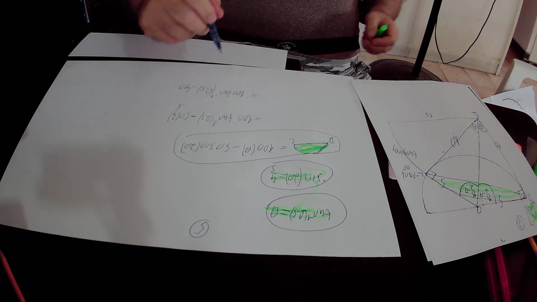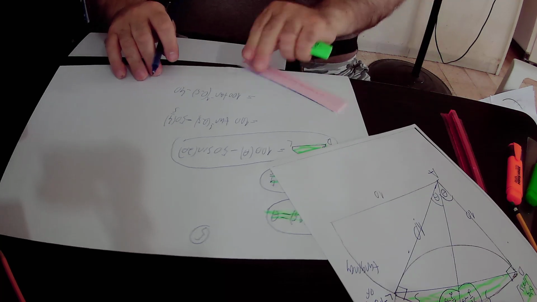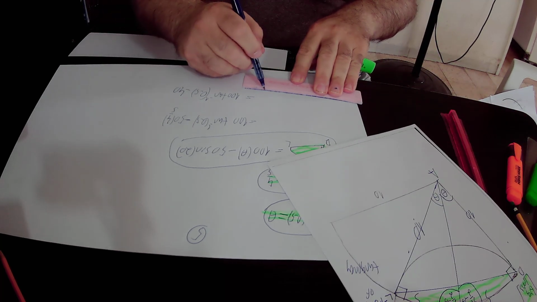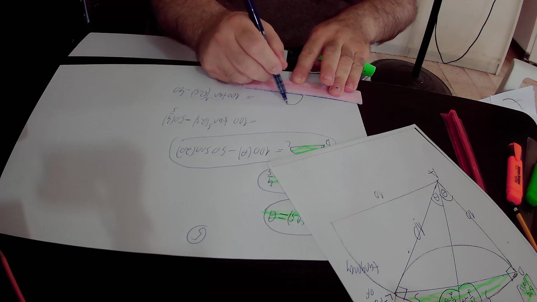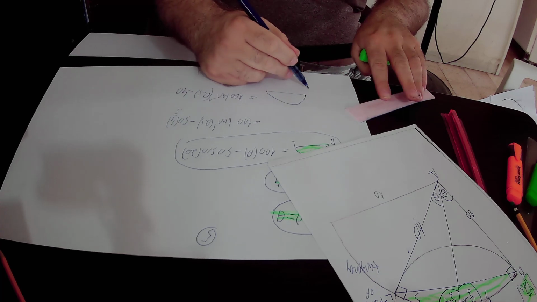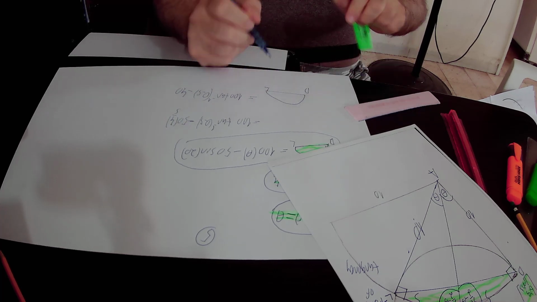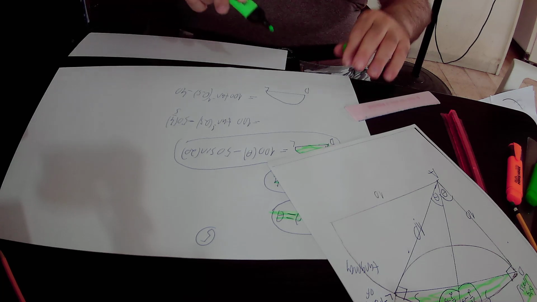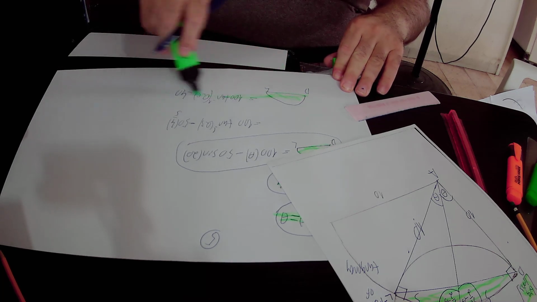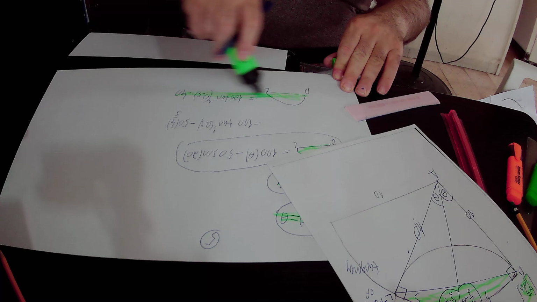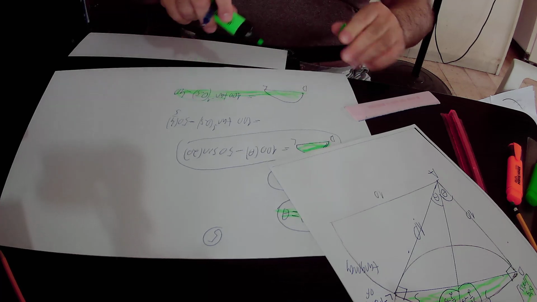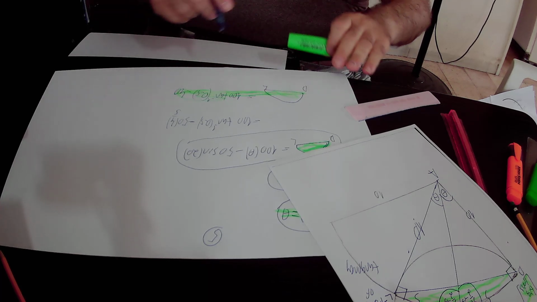So in conclusion, we found out that the area of the upper circular segment of the big lens equals 100 times tangent minus 1 of 0.5 minus 40 square units.